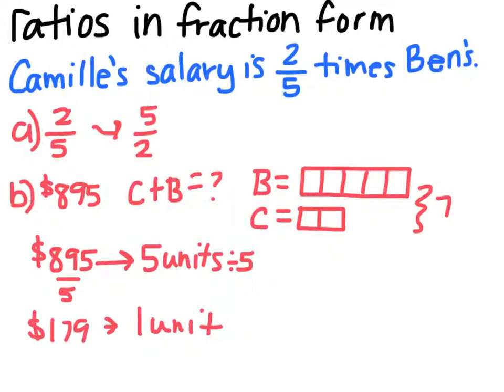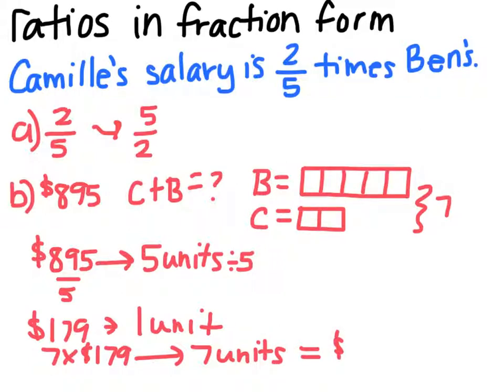So if we want to know the full value of all 7 units, we'll take 7 times $179 to give us the value of 7 units, which equals, sorry, I ran out of room at the bottom here, so I'll put it off to the side, which equals $1,253. So Camille and Ben together earned $1,253.